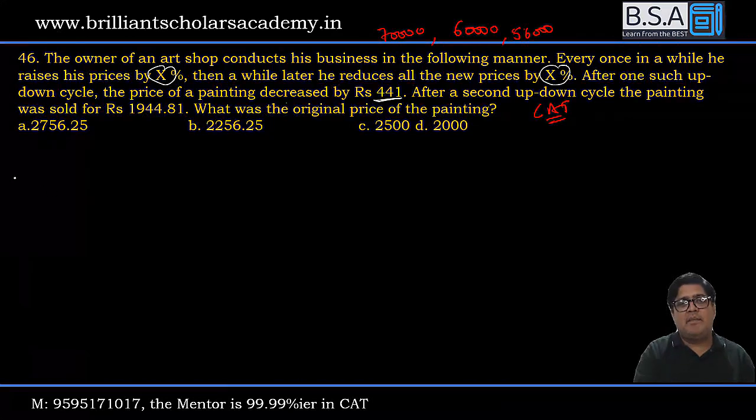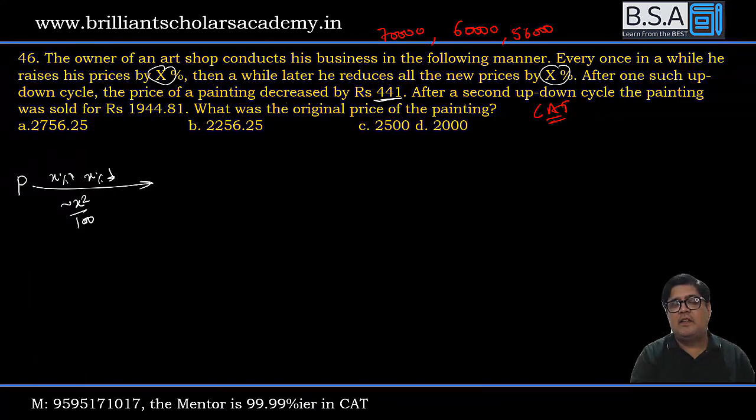So there is some price of the painting, P. The owner increases X percentage, decreases X percentage. So X square upon 100 is the decrease. And what is that decrease? It is rupees 441. Now the price becomes P minus 441.